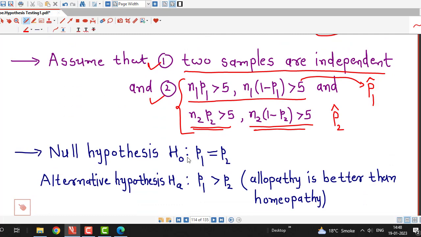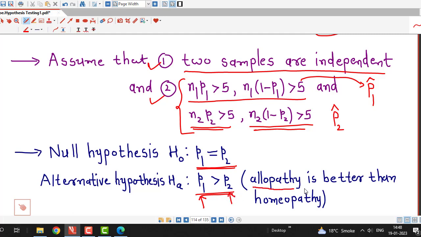Now we consider null hypothesis as small p1 equal to small p2. Alternative hypothesis is that p1 is greater than p2, that is proportion of patients cured by allopathy is bigger than the proportion of patients cured by homeopathy.